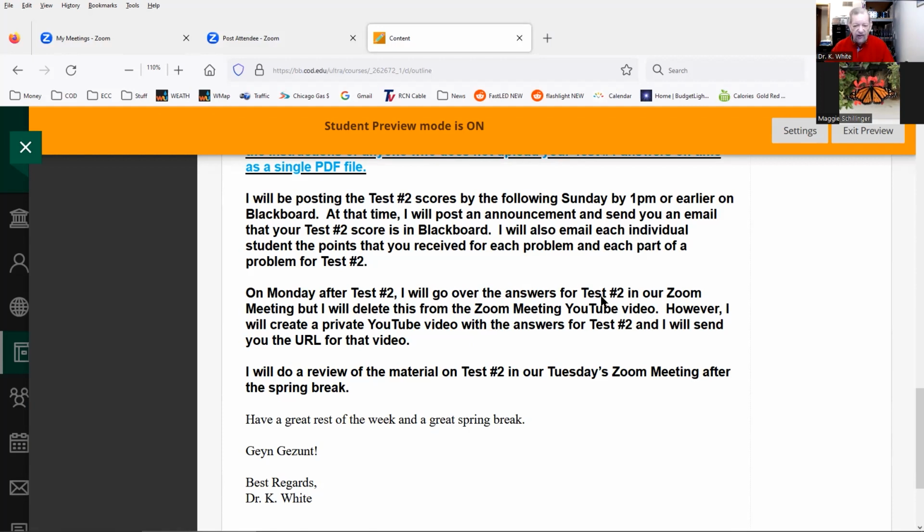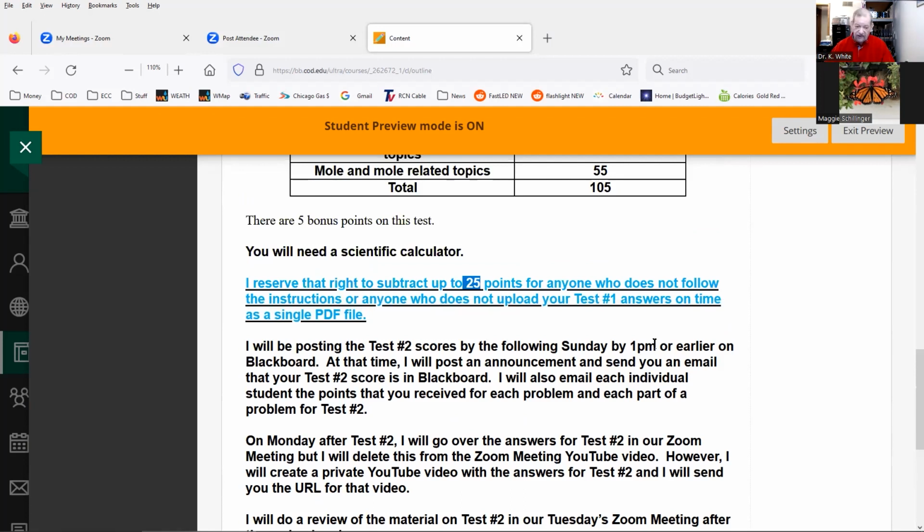Also, by this Sunday, 1 p.m. or earlier, I hope a lot earlier, I'll post an announcement and send out an email that your test number 2 score is in Blackboard. Also, before this Sunday, 1 p.m., I will send out individual emails with how many points you got for each problem or part of a problem on test number 2.